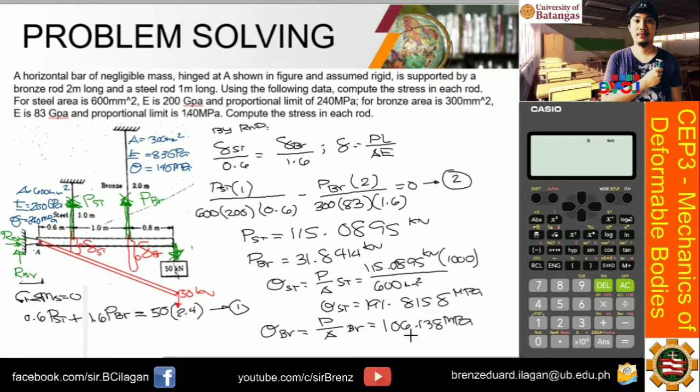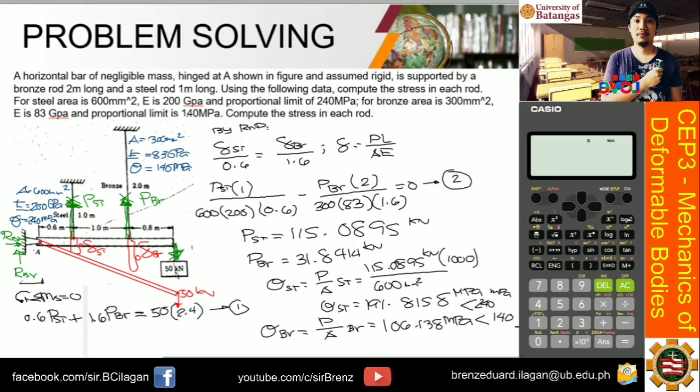Okay guys, so as you can see here, ito is less than dun sa ating proportional limit. That is less than 240 megapascal. And yung for bronze, so ang kanyang limit is hanggang 140. So again, this is also less than dun sa proportional limit.